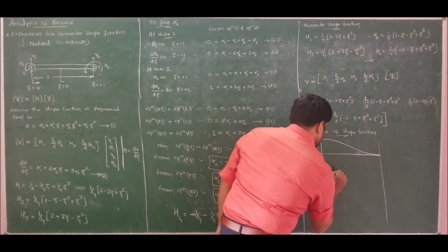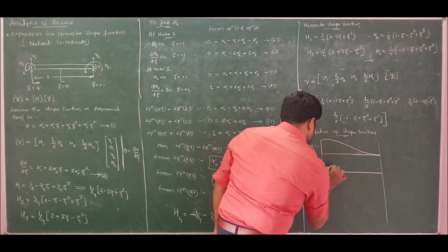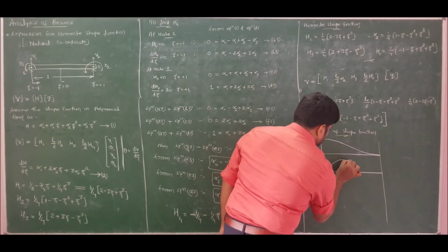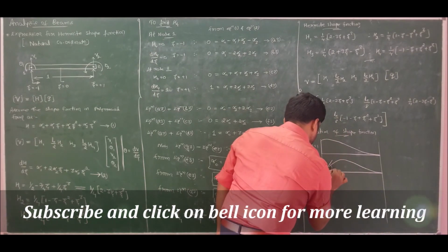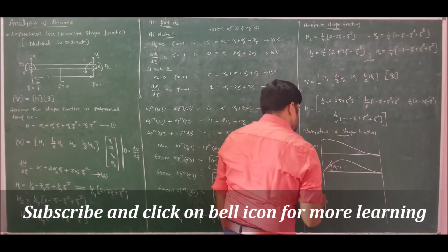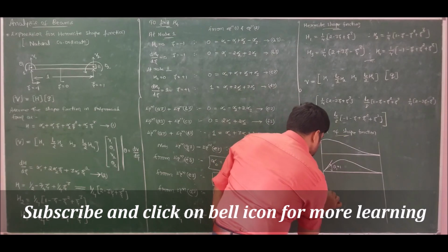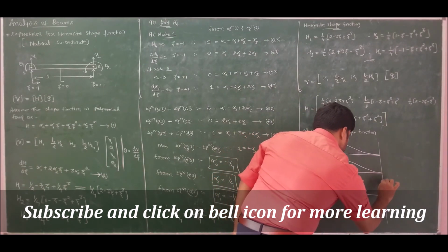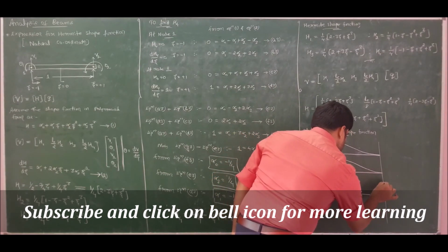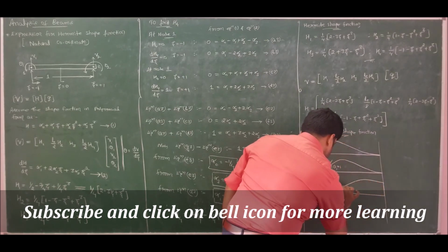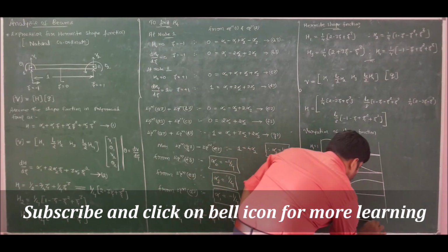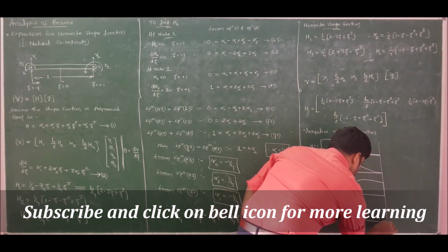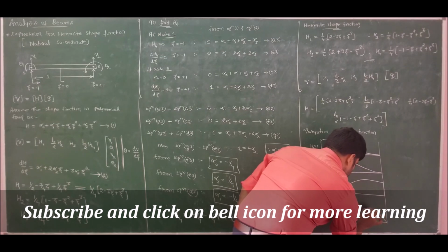Next we have theta is equal to 1, that is, if I draw a tangent, we will get theta 1 is equal to 1 here, and we have shape function h3 is equal to 1 here, and we have finally the value of h4 corresponds to theta 2.